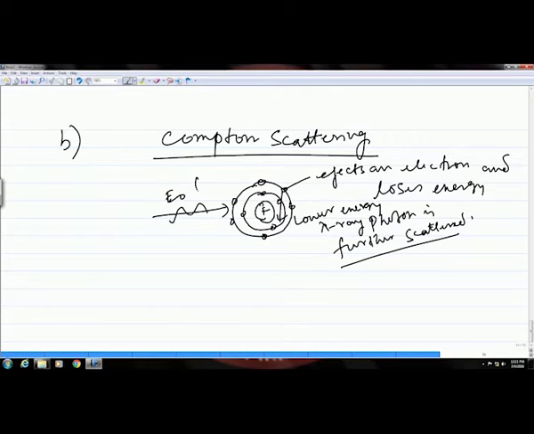So, if in the beginning it is lambda, this lower energy photon will have a different wavelength lambda prime, and lambda prime is greater than lambda because it has now lost some energy. Okay. So, this energy balance now, if you take, this is the energy loss.